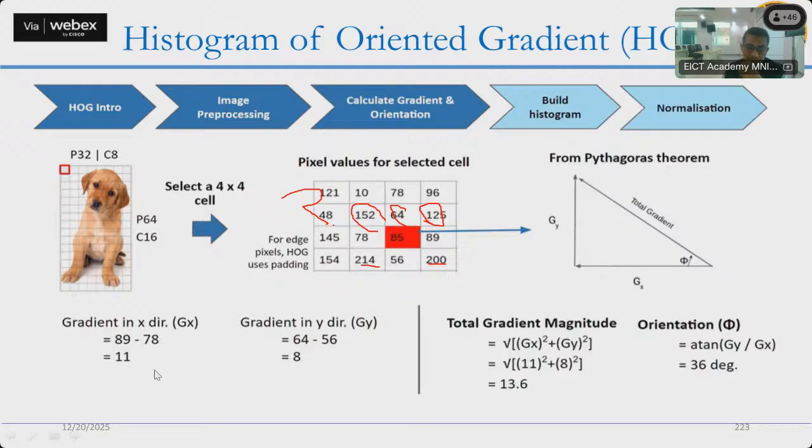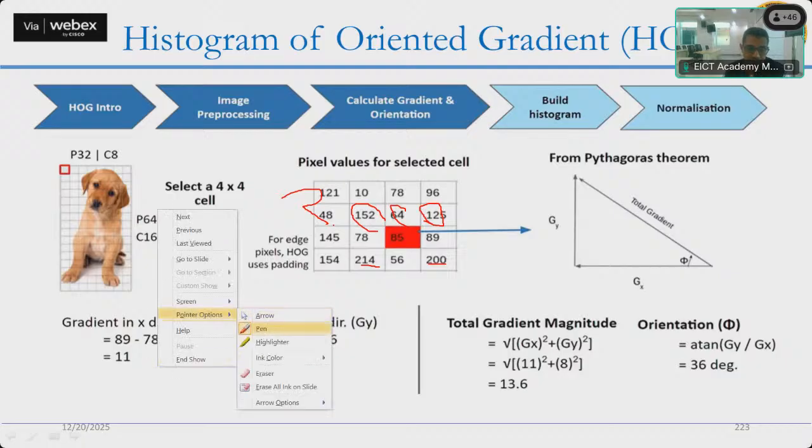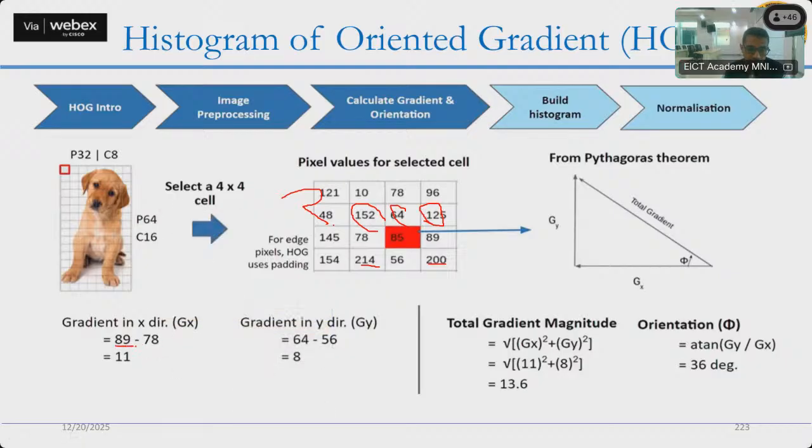See here, if you see this quantity, this is 89, this is 78, this is 64, this is 56. So these are basically your gradient. This is basically the angle, right?